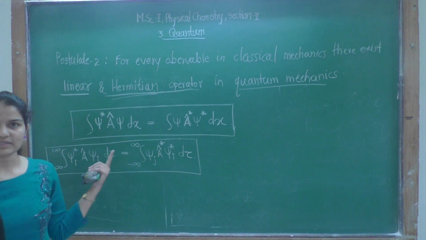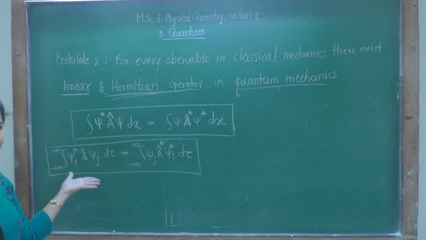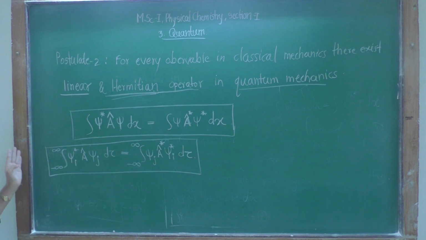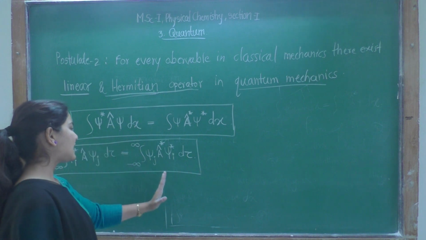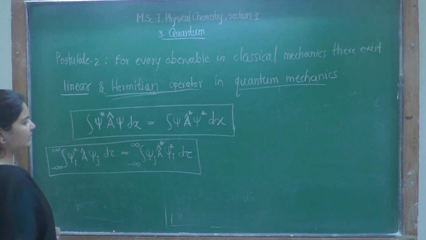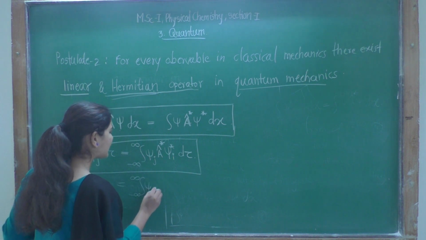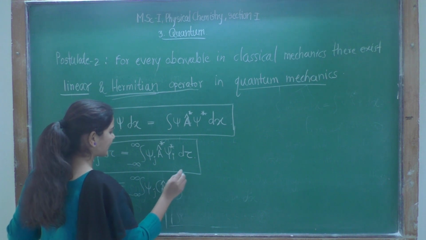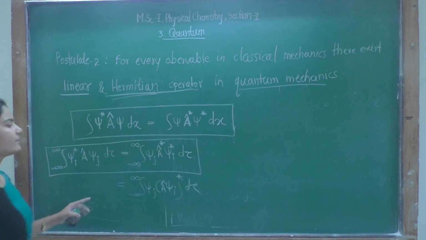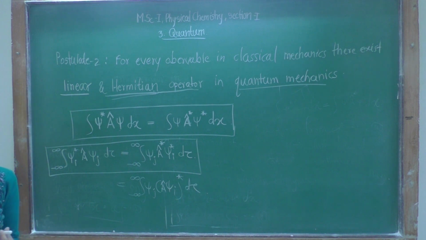If there are two different wave functions, then the operator will be Hermitian if it follows the condition integration of psi i star A cap psi j d tau is equal to integration of psi j A cap star psi i star d tau. It can also be written as integration from minus infinity to infinity of psi j A cap psi i whole bracket star d tau.